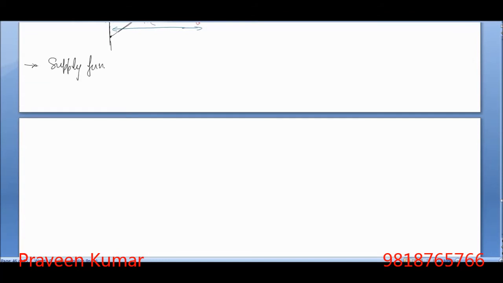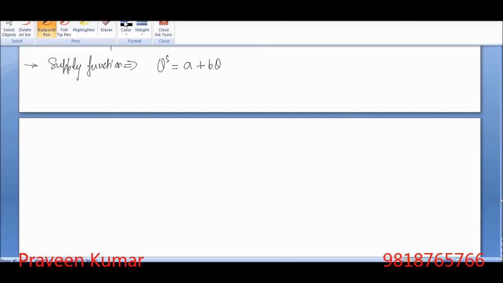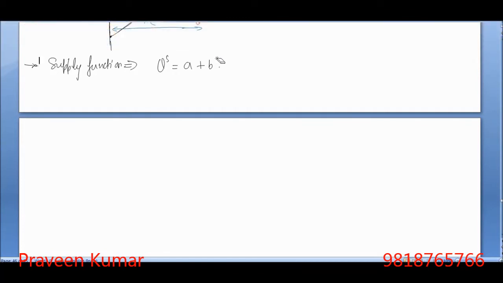Now supply function is something like QS we can write, and this would be A plus BP in this case.